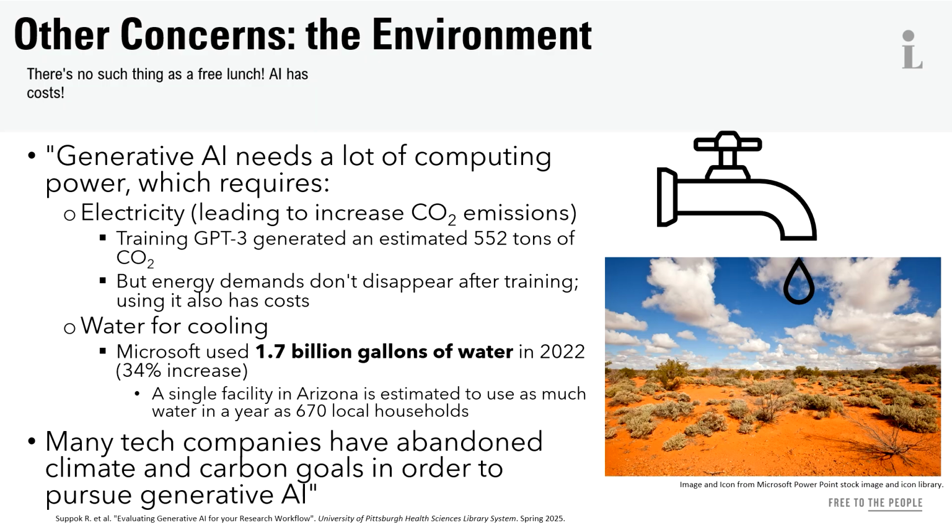Importantly, many tech companies have abandoned climate and carbon goals in order to pursue generative AI. What this means is that every time you put a prompt into Copilot or Gemini or ChatGPT, there's an environmental cost associated with it. And it's one that's currently higher than a Google search, quite significantly so.